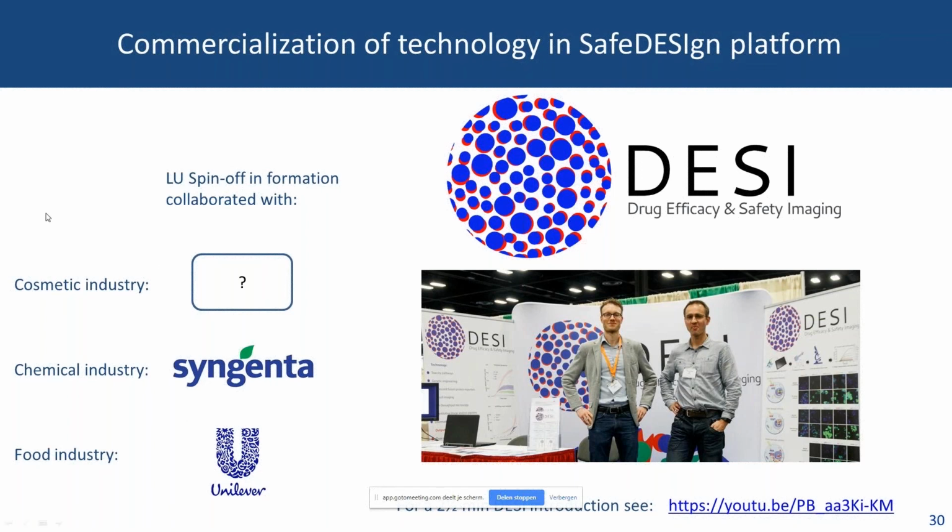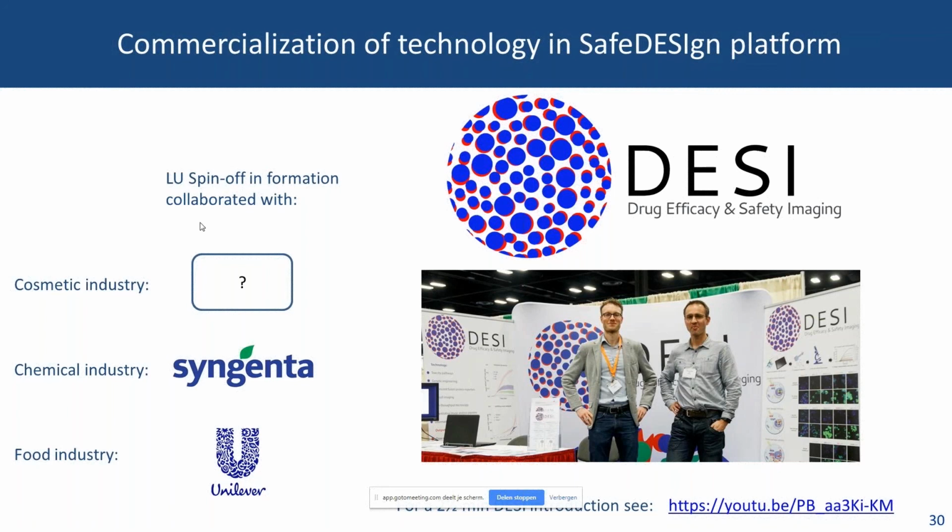And we think also right now that the technology is ready to be spun off from the university, so we can start a spin-off. And we already have a name: DESIgn, short for Drug Efficacy and Safety Imaging. For the last few years, we've also visited some conferences and congresses to really get some exposure, to see what the demands are from industry.